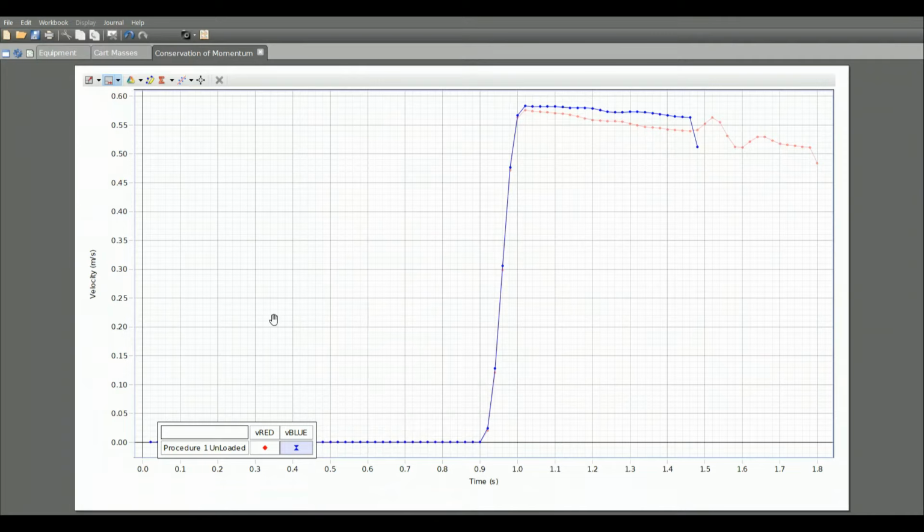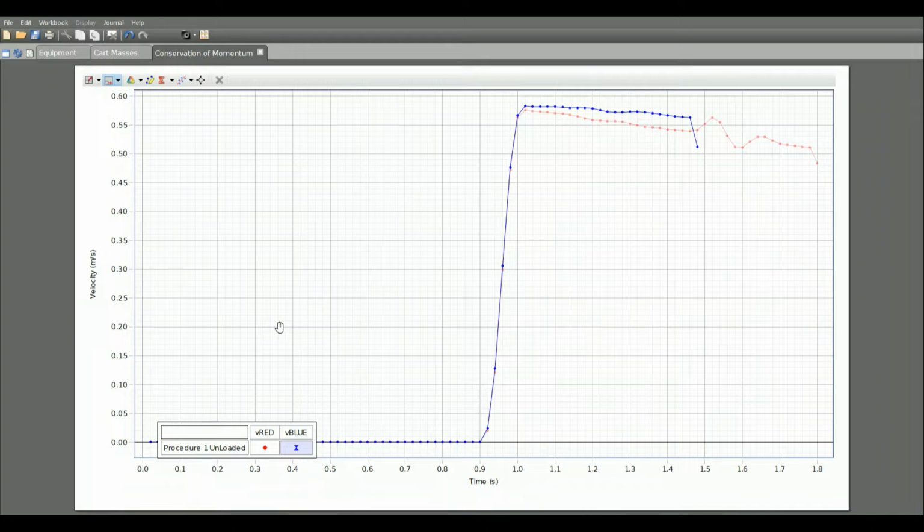Here's your data. So in the original one I did, you saw one go positive, one go negative. When I recorded this, I had the carts facing the other way, so both are positive. However, you have to assign a direction to the track as a positive direction.